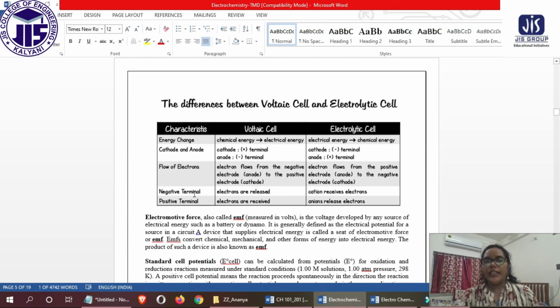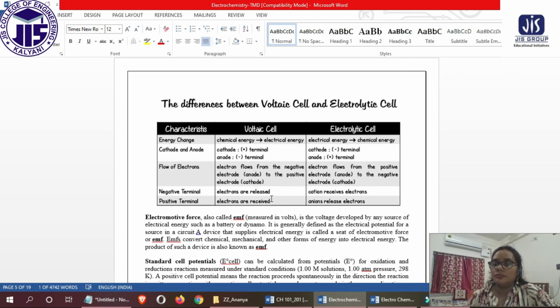Yeah, the cation, the negative terminal. Here the negative terminal is the cathode, so the cathode receives, or accepts, the electrons. Okay. For the voltaic cell, the positive terminal is generally the cathode, and the cathode receives the electrons. For the electrolytic cell, the anions release the electrons.